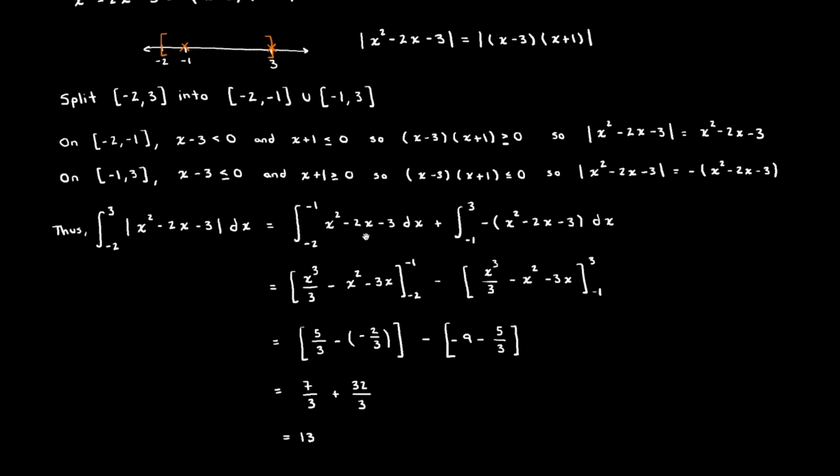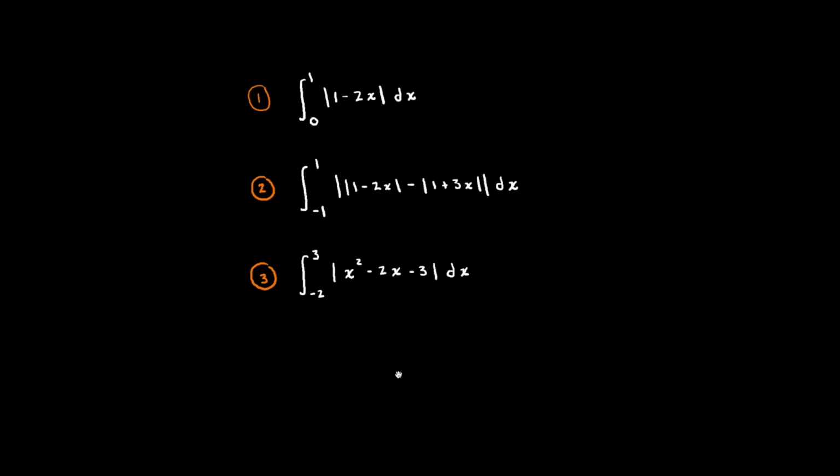So we can just drop the absolute values. And on the second interval, we know that our quadratic happens to be negative. So in order to drop the absolute values, we pick up a negative sign. And now we're just integrating two polynomials, which we can do using the power rule. And I've done the work here. You can pause and have a look, but your final answer will be 13.